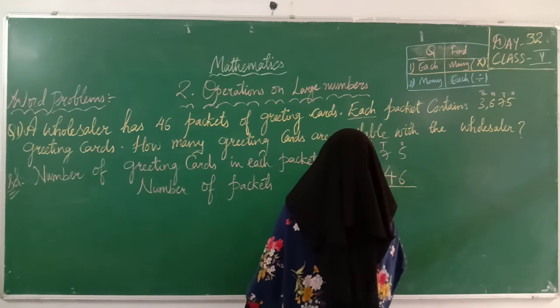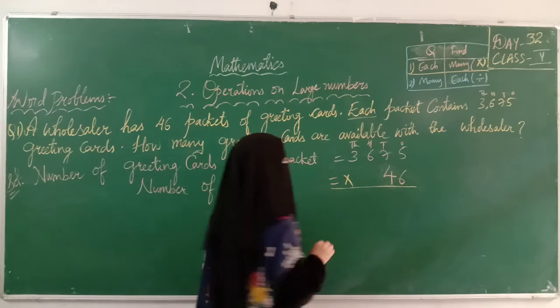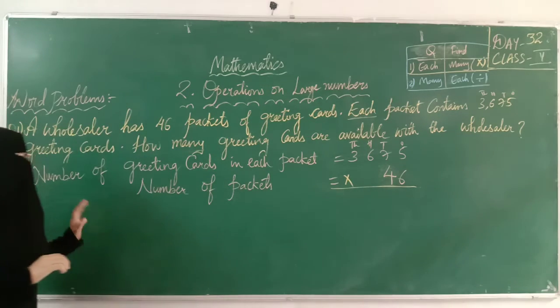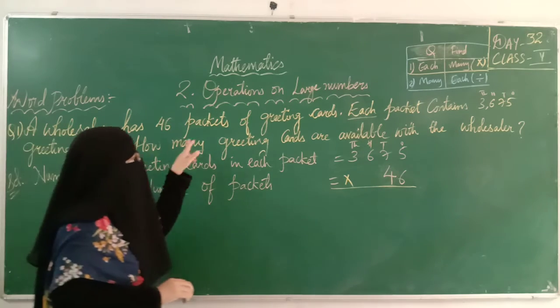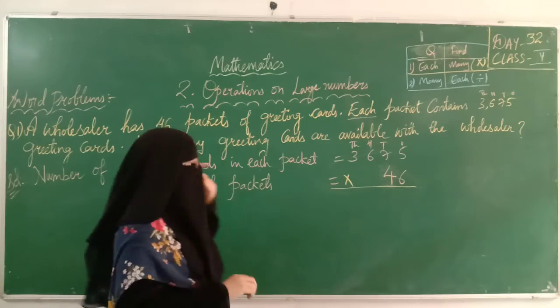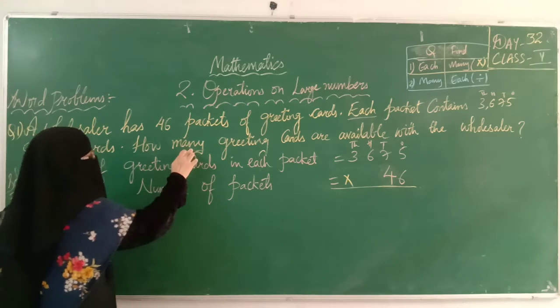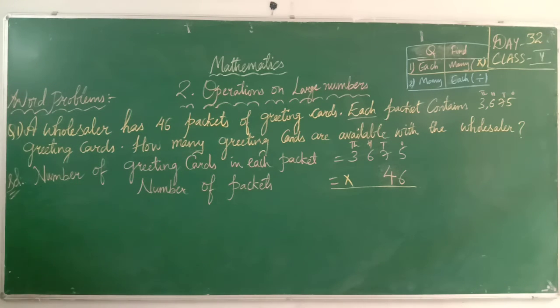Putting the multiplication sign. Here down, what do we have to write, children? What we have to find? How many greeting cards are available with the wholesaler? So in place of how many greeting cards, we will write number of greeting cards.